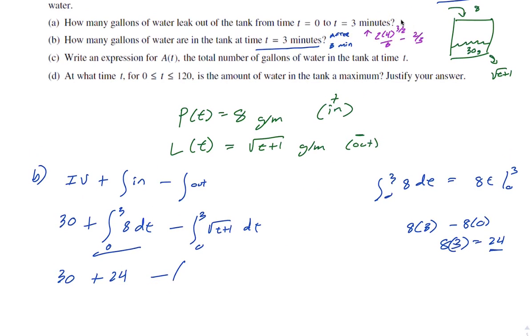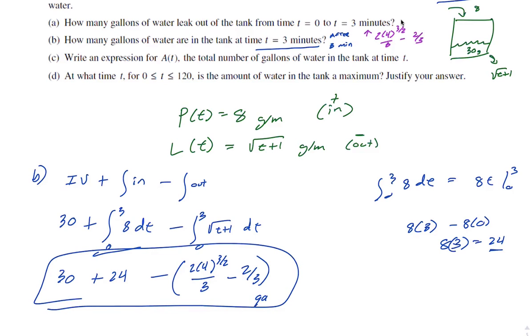So this is in parentheses. Can't be sloppy. Minus 2/3. And that is my answer in gallons. That's how much total is in the tank at 3 minutes. It's the initial value plus what we're adding in minus what we're losing. So that's B.